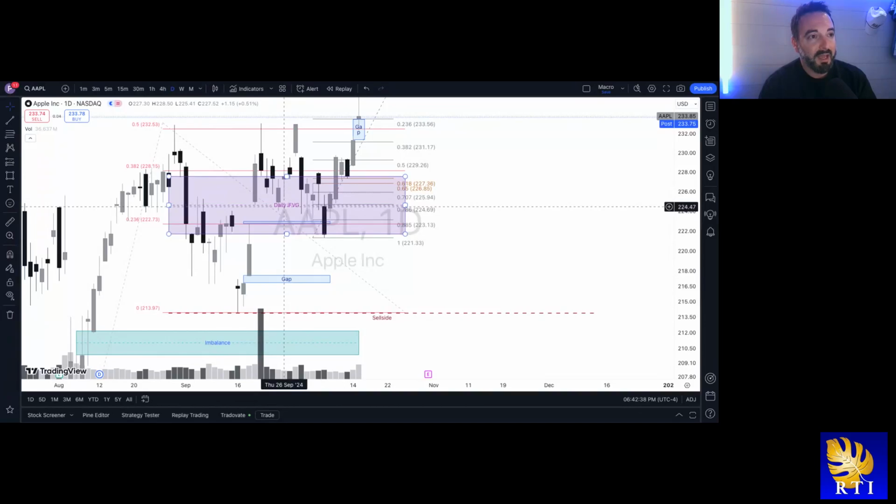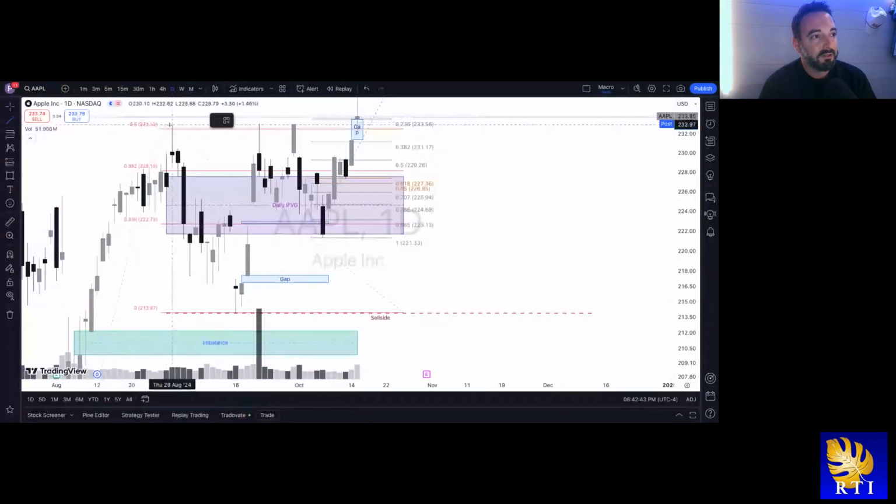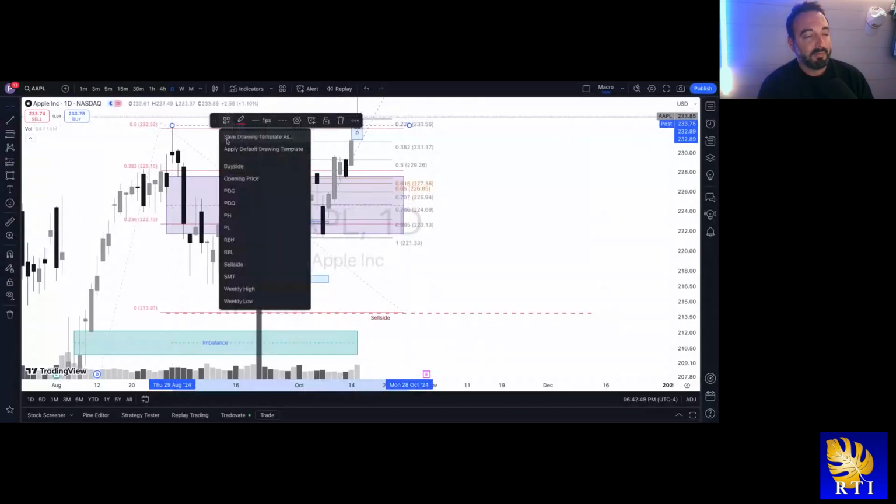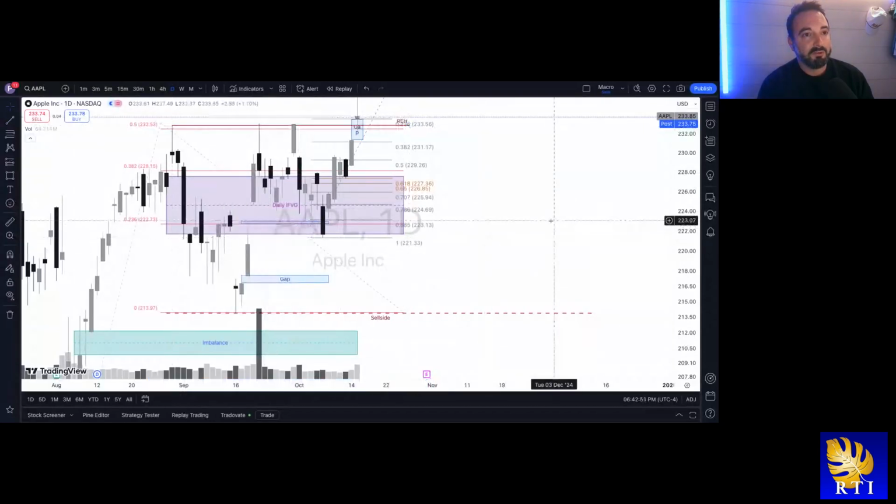So then it came back up. And what did we do here? This was what I was tracking, right? We created relative equal highs. And relative equal highs and relative equal lows tend to be what? They tend to be magnets. And so we kept generating this buy side liquidity here. And then after this, we came back down. We fully filled this fair value gap before launching again.